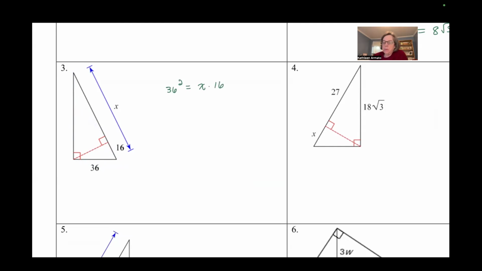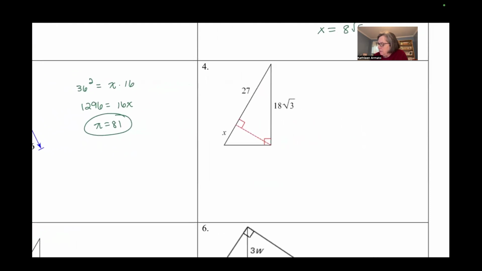So x is in a different position here. 36 squared is 1296 equals 16x. If I divide by 16, I get x equals 81. And that's my answer.